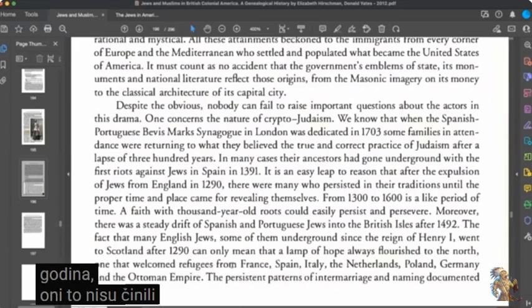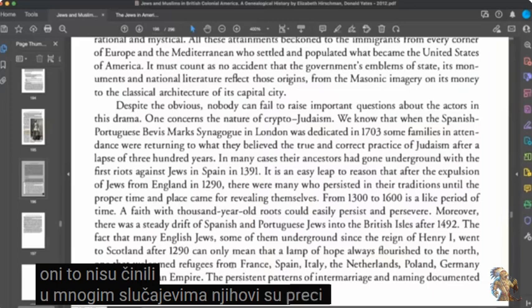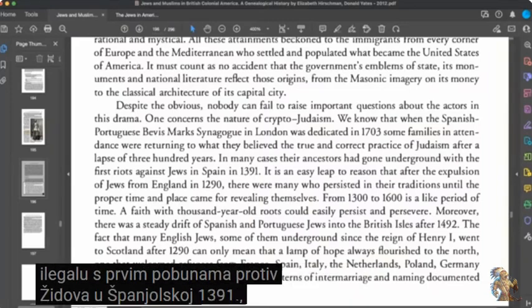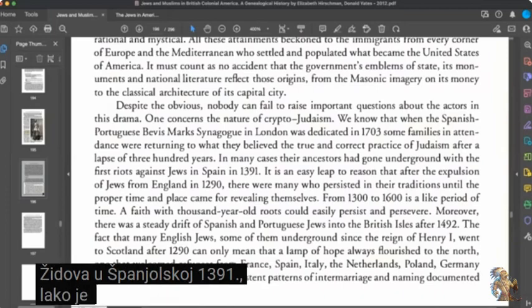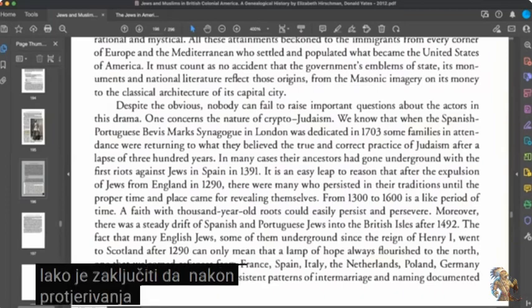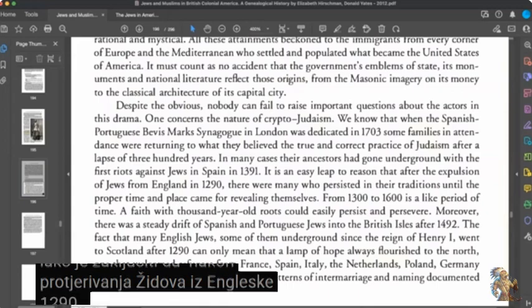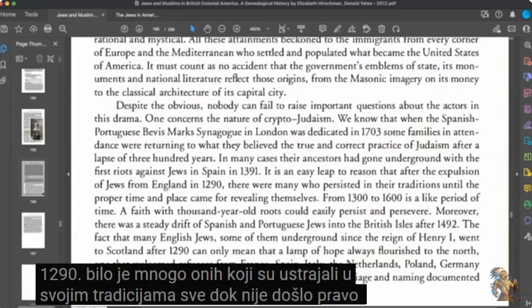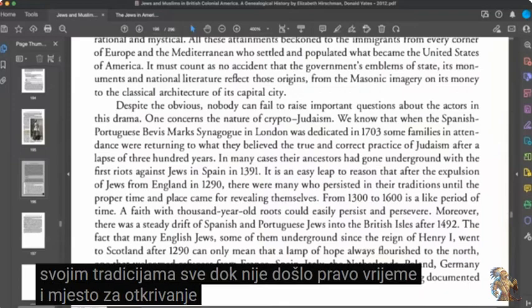In many cases, their ancestors had gone underground with the first riots against Jews in Spain in 1391. It is an easy leap to reason that after the expulsion of Jews from England in 1290, there were many who persisted in their traditions until the proper time and place came for revealing themselves.